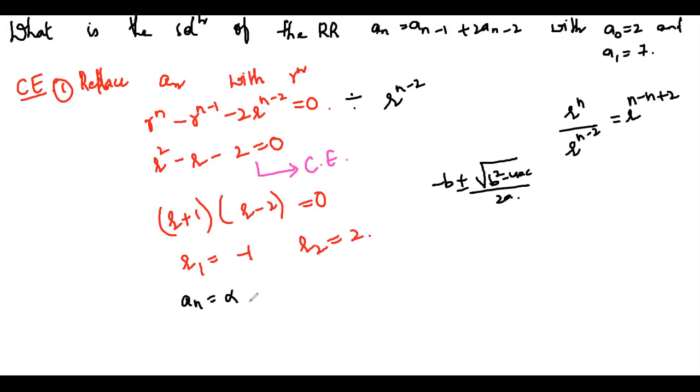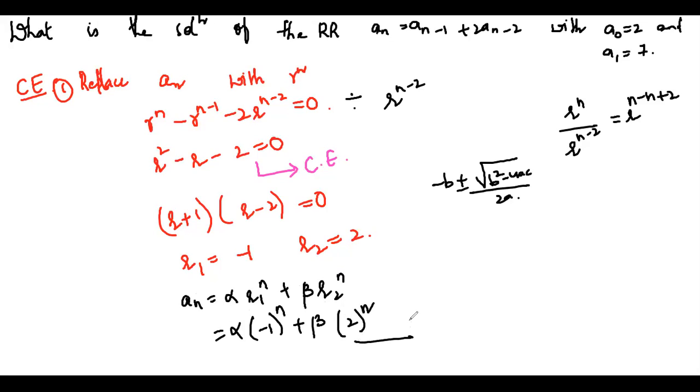Now, instead of r1 and r2, we will substitute the values of r1 and r2. So alpha (-1)^n plus beta 2^n. All right, so now this is your equation 1. This is the general solution.